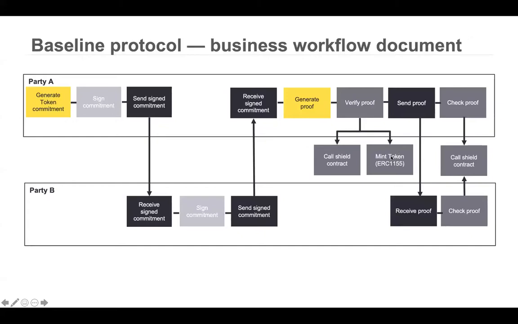I haven't covered the aspect of transfer because there may be other aspects of what could trigger transfer of the token, and that could mean a similar sort of process where it is an update of a token commitment instead of a generation of a token commitment when there are transfers involved, and so on and so forth.